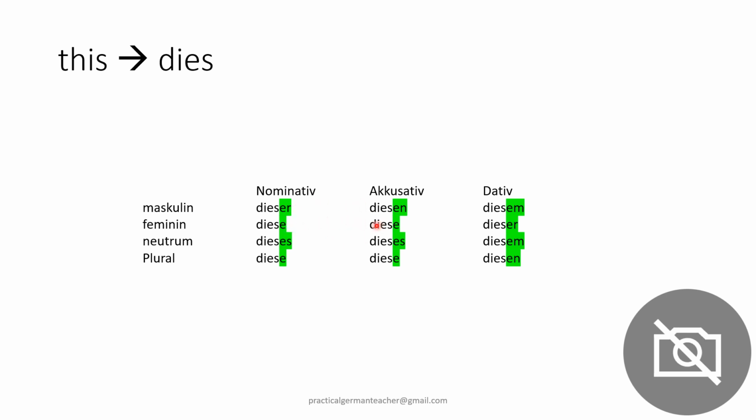The others just remain the same. But for dative, everything changes. So masculine and neutral become thesem, feminine becomes these are, and plural becomes these are. I hope this was easy to follow. If not, we'll look at a few examples and that will help you understand how to use it.